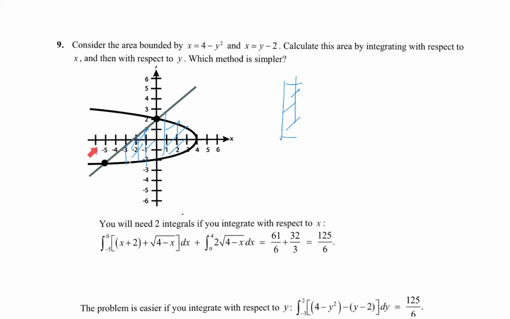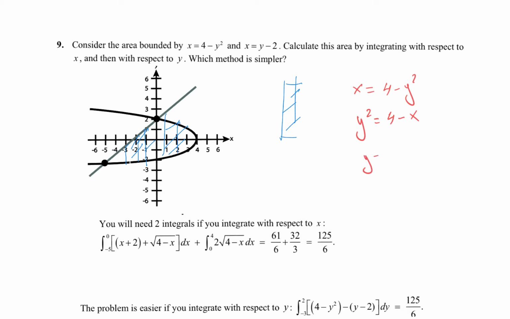From −5, x varies from x = −5 to 0. Of what? Now it is the upper minus the lower. The upper is x + 2. The lower, you have to be careful, will be like this. x equals 4 − y². So y² equals 4 − x.